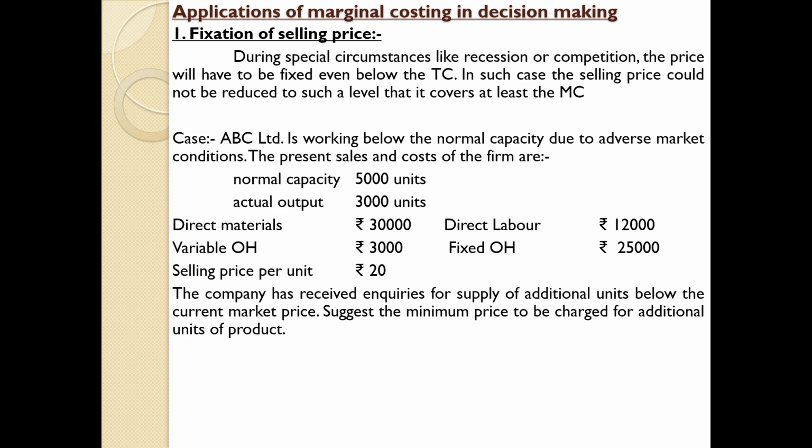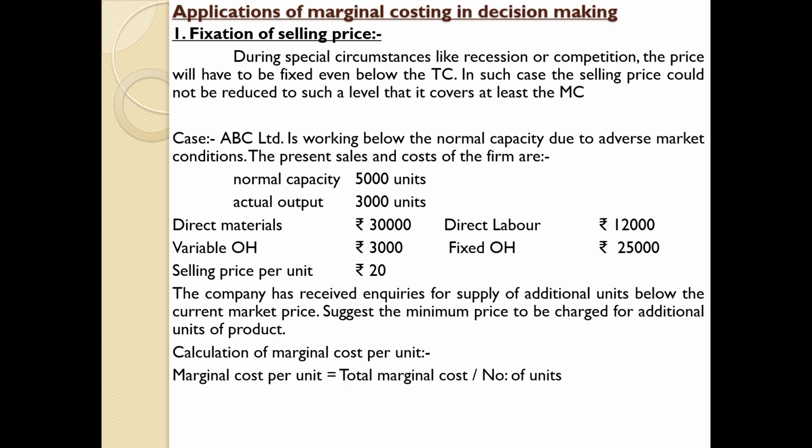So let us prepare a marginal cost statement, then you will understand the concept of fixation of selling price under special circumstances. On the basis of details given, we can calculate the marginal cost per unit. Marginal cost per unit is total marginal cost divided by number of units, and we can easily find the total marginal cost. Just add together all the variable expenses divided by number of units.